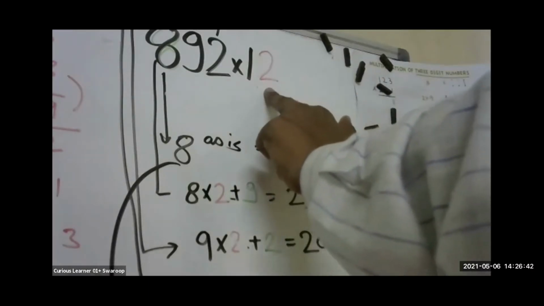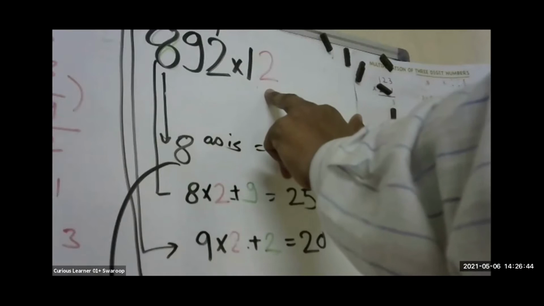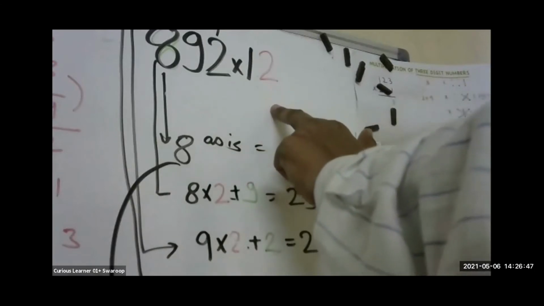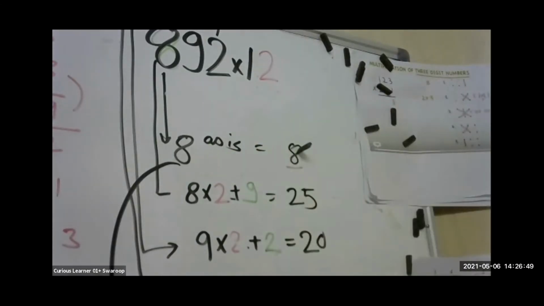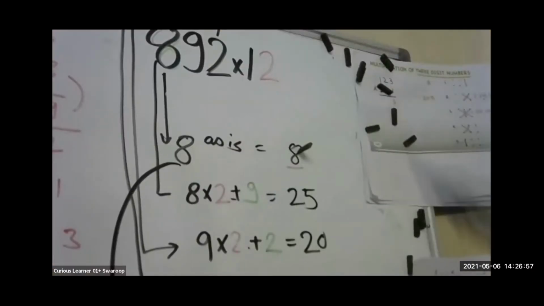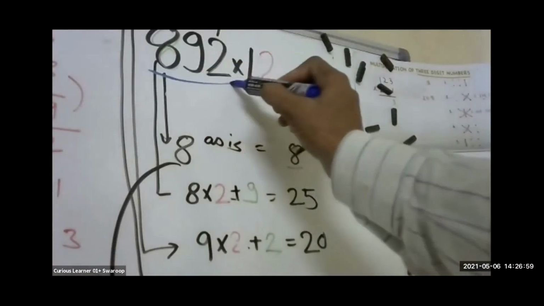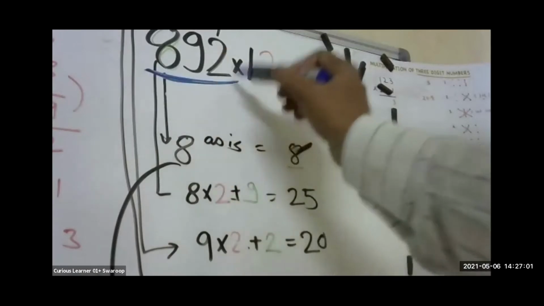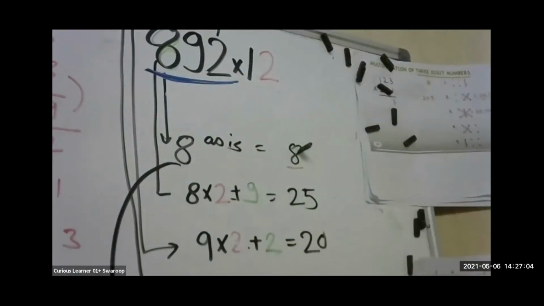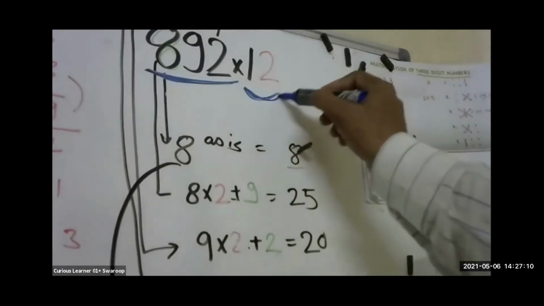Any digit you can replace here and use the same method. I see, didn't you understand? You have 3 digits, no problem. This is 3 digits, 892. 11 is easier, so we will tackle it later. We will take multiply by 12 now.